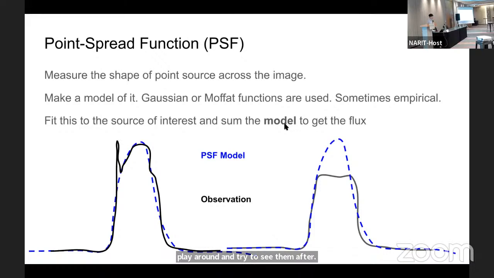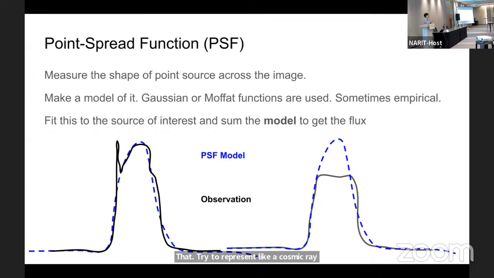The process for this is you have the observation and you have some functional form, your PSF model. You think you know what the shape of the PSF looks like, and you try to fit that to the data. The nice part is, on the left figure here, that spike tries to represent a cosmic ray hit or a hot pixel.